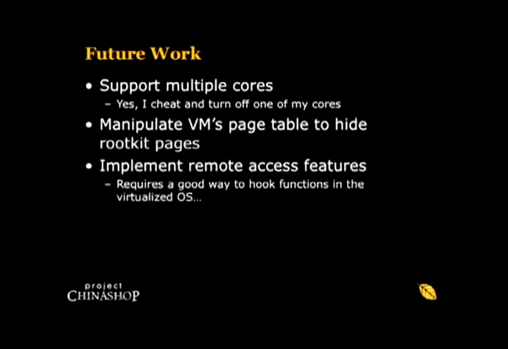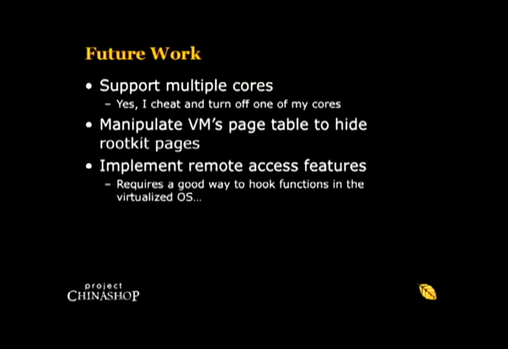But time was short. I had actual billable work to do, so I didn't have time to finish all this. I'd also do more work on hiding the hypervisor from the guest, and implement a remote access feature. Because writing the device access stuff is a pain, probably the easiest way is to hook functions in the virtualized OS.